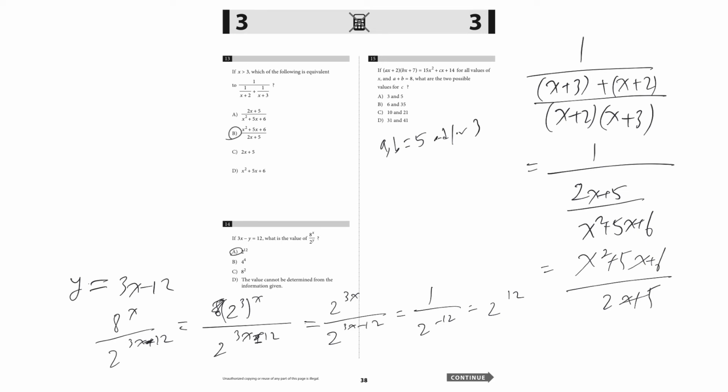So for the values of c, if it's 5x plus 2 and 3x plus 7, then I get 35x plus 6x, which is 41x. So 41 is the answer, and that's the only one, so D is the answer.